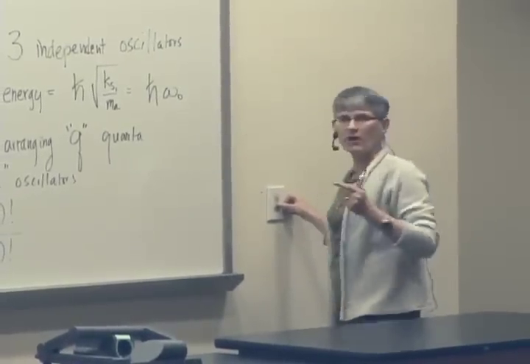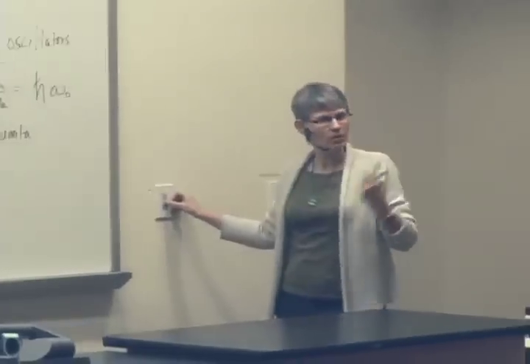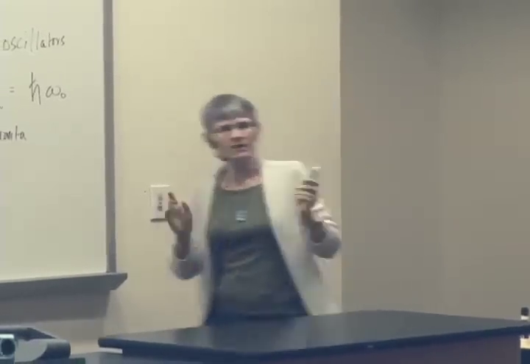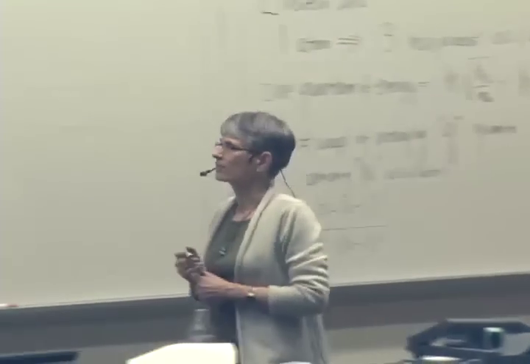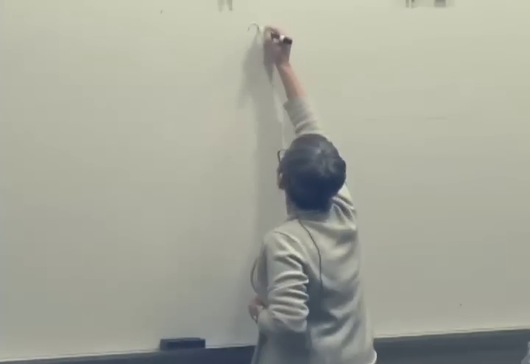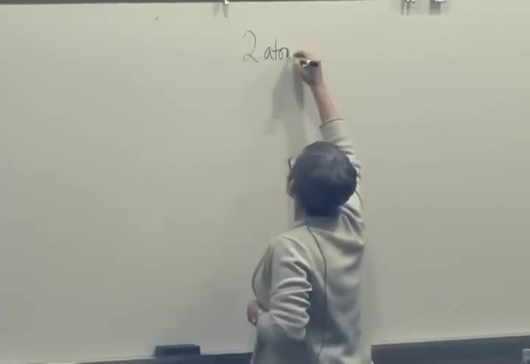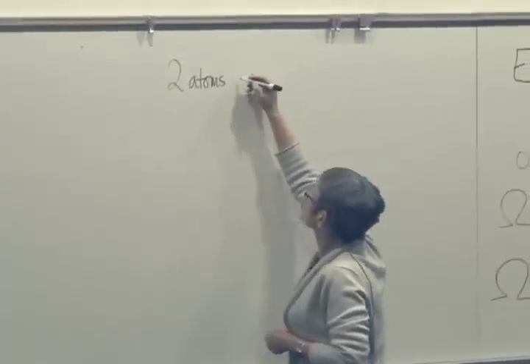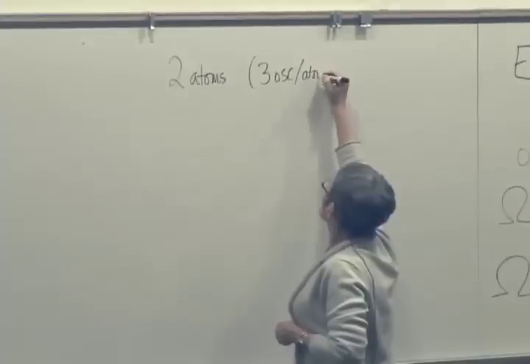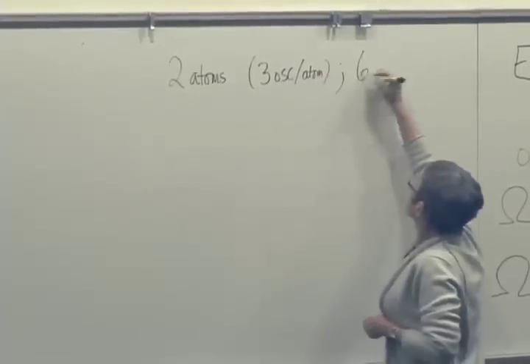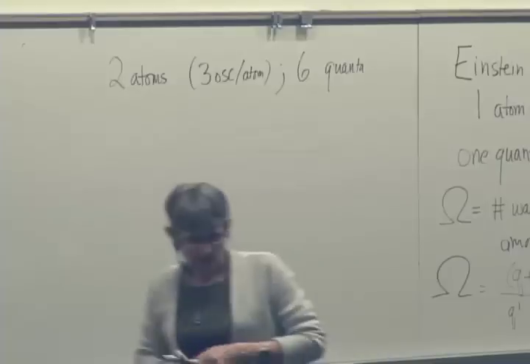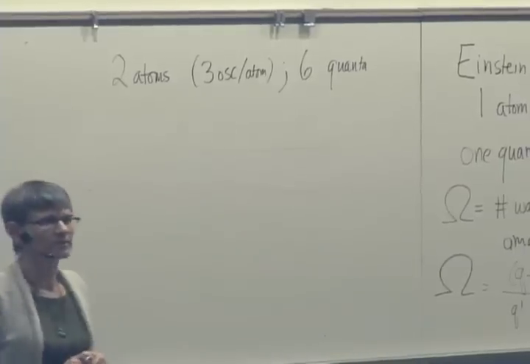And we're going to figure out what the most probable arrangement of that energy is going to be. So 2 atoms, therefore 3 oscillators per atom, 6 quanta. What's the most probable arrangement?